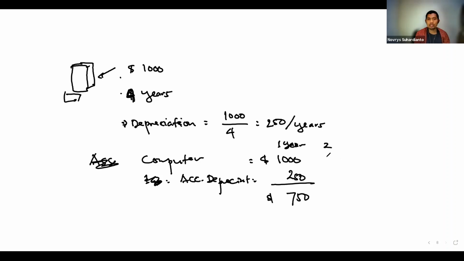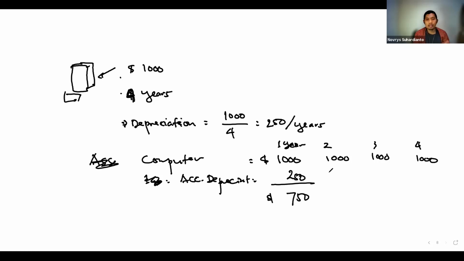In the second year, you do the same thing. The computer is still 1,000. Nothing changed because the computer is still there. The keyboard is there. The monitor is there. Nothing changed with the physical aspect of the computer.